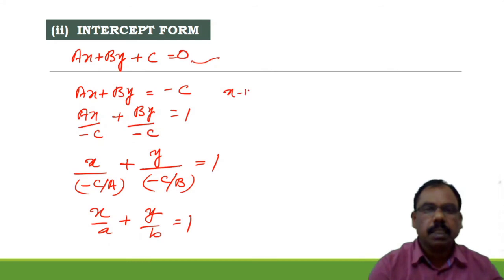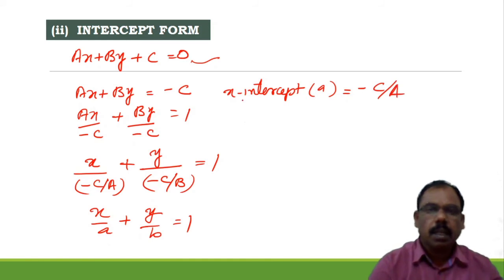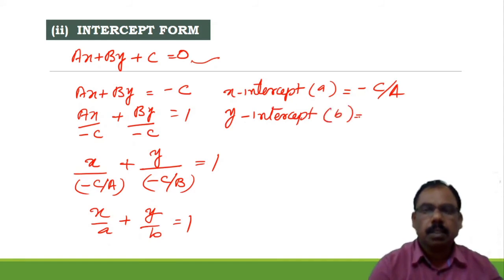Therefore, the x-intercept a is equal to minus c by a, and y-intercept b is equal to minus c by b.